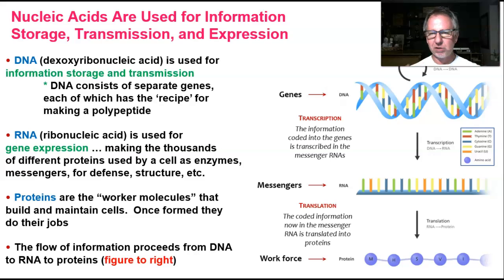They are the molecules that are basically doing everything to keep cells alive. So the figure on the slide is illustrating some of this, and it shows the flow of information in cells. It begins with DNA, it gets passed on to RNA, and then RNA is used to make proteins.